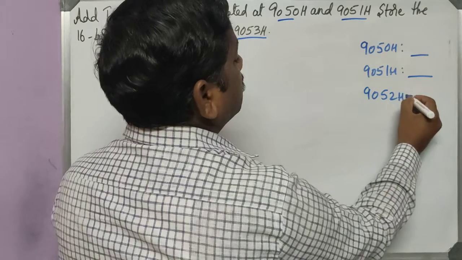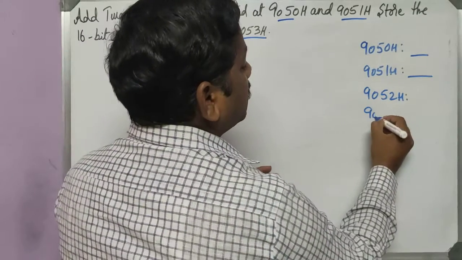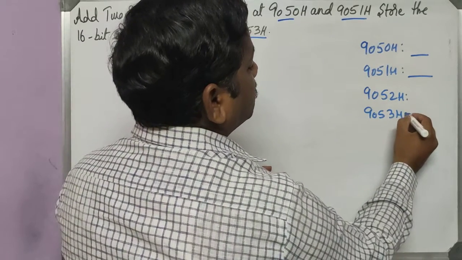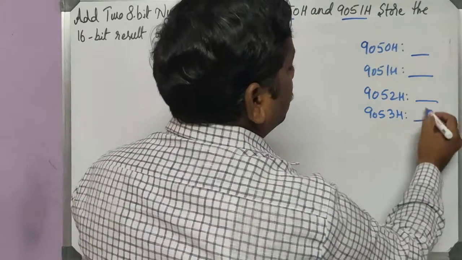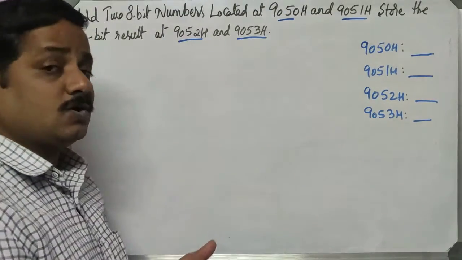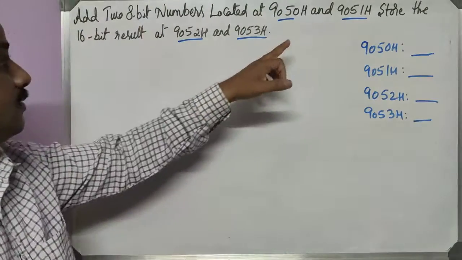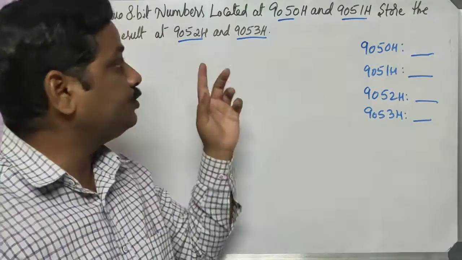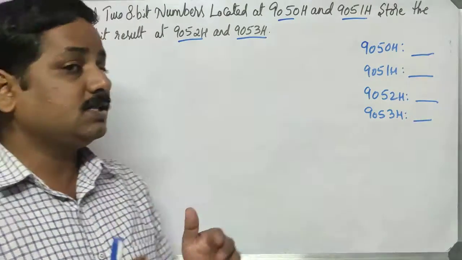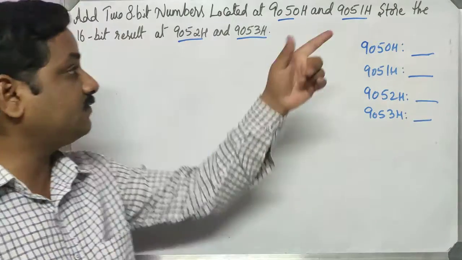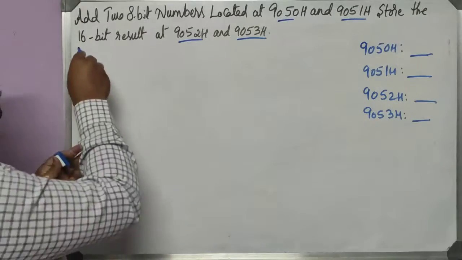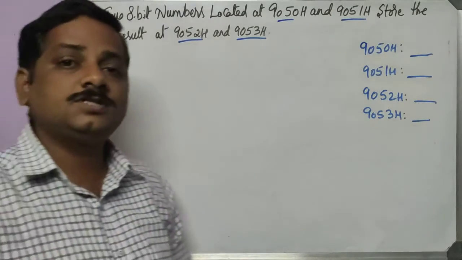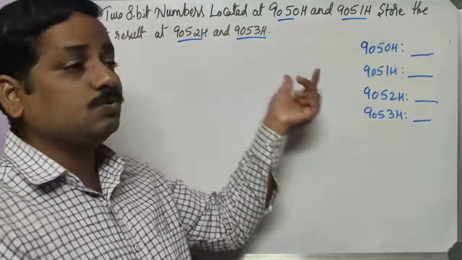9052H and 9053H. So before understanding the way of writing a program, let's understand the logic here. They have mentioned it very clearly. We are adding two 8-bit numbers and the result may be 16-bit. That is why store the 16-bit result. Store the 16-bit result at these two locations.